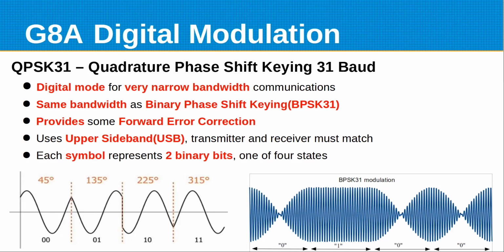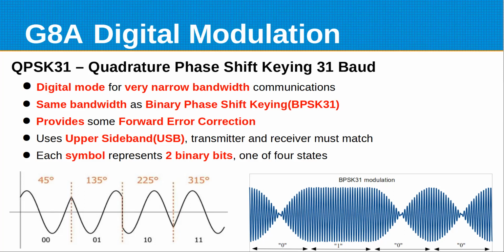And in this case, with the quadrature, each symbol is representing 2 binary bits. So you've got 4 states, in this case 4 different phase shifts. If this was quadrature frequency shift keying, you'd have 4 different frequencies or tones.